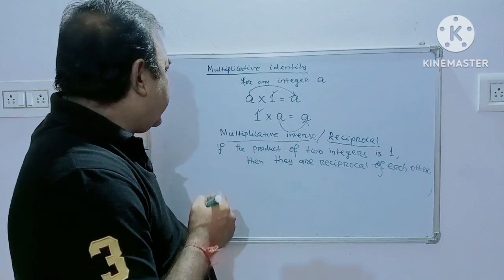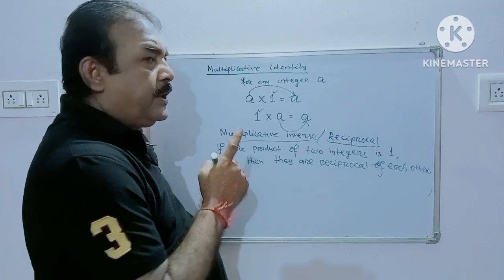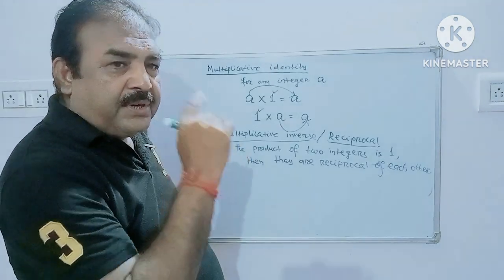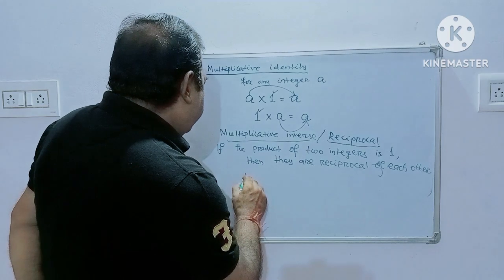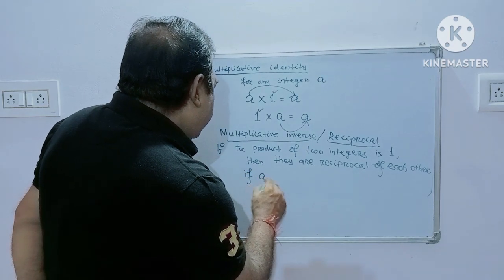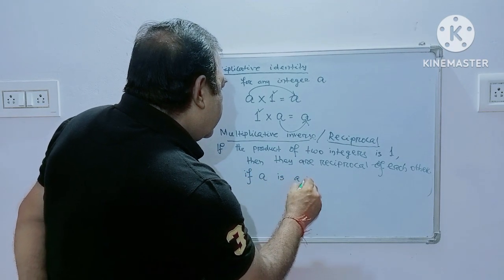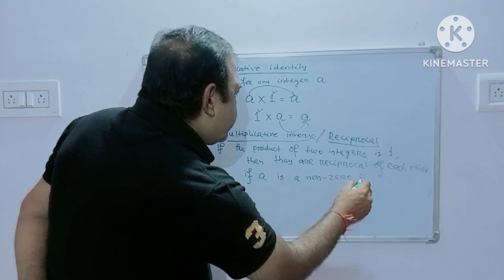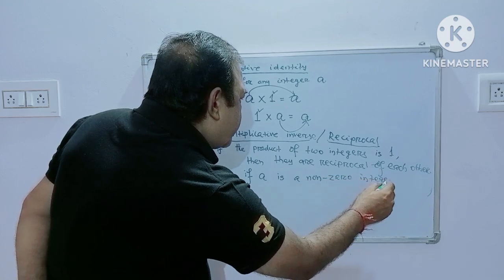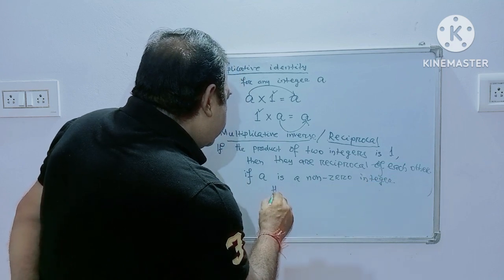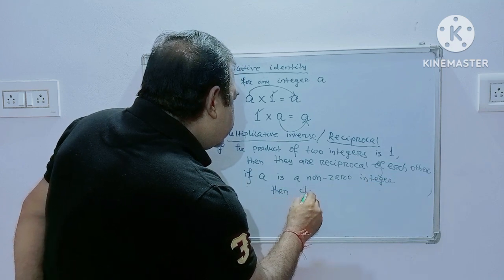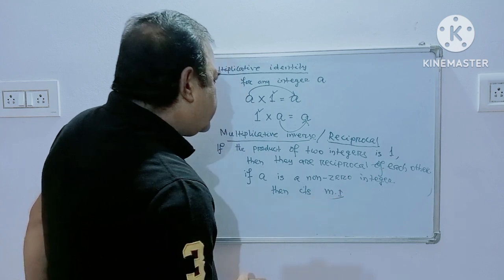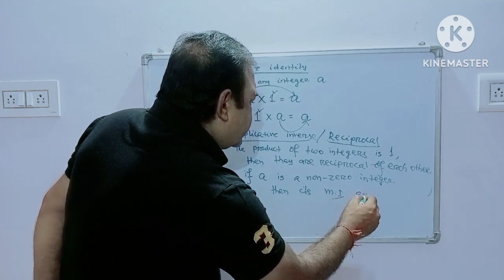But most important is multiplicative inverse exists for the non-zero integer. So if a is a non-zero integer, then its multiplicative inverse exists.